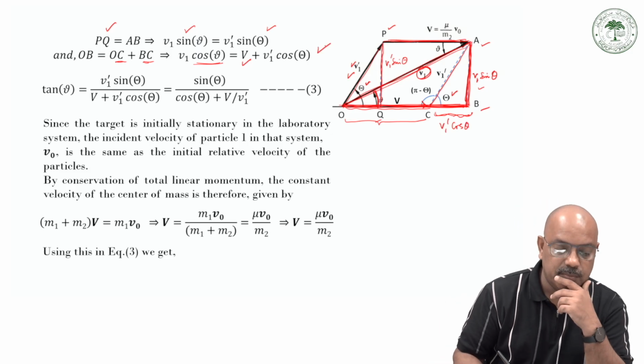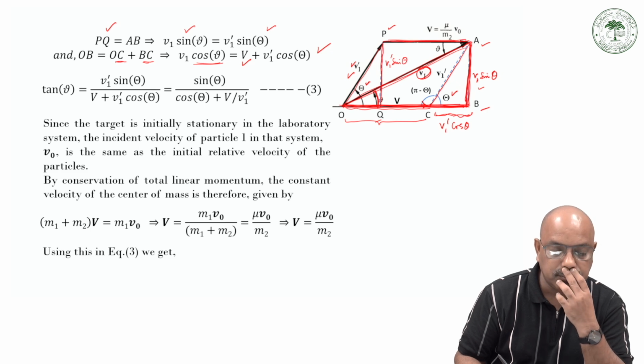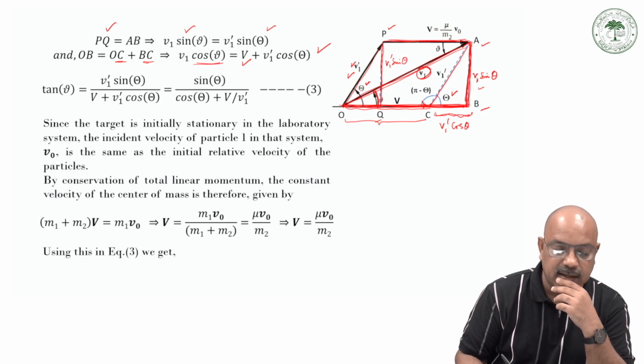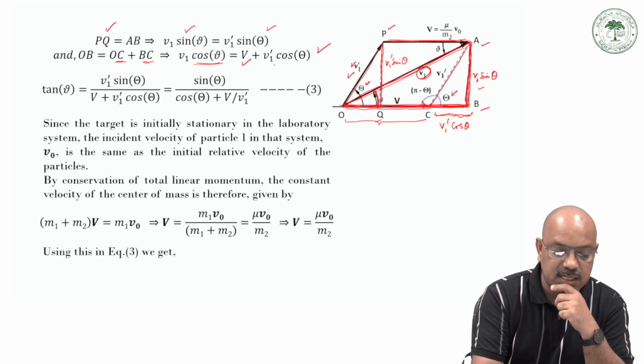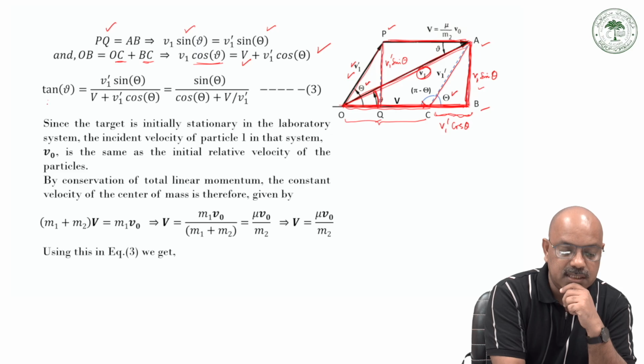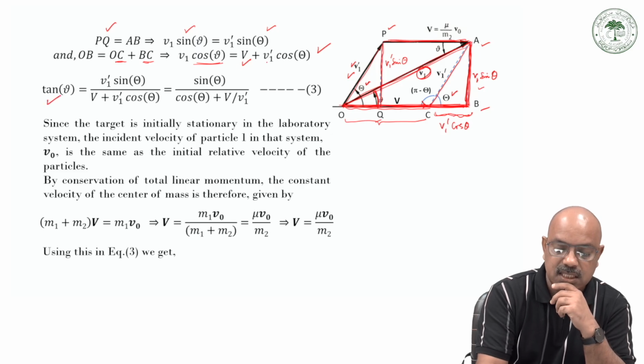From this, if I divide V1 sine theta by V1 cos theta, I get tan theta, which is the ratio of these two.